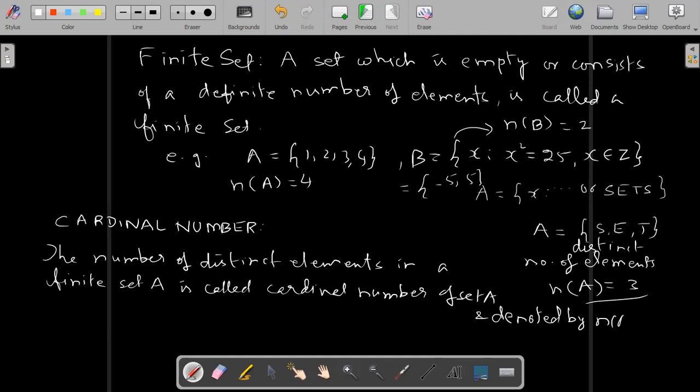N is the number of distinct elements. It is denoted by n(A), and we have seen this example like here.